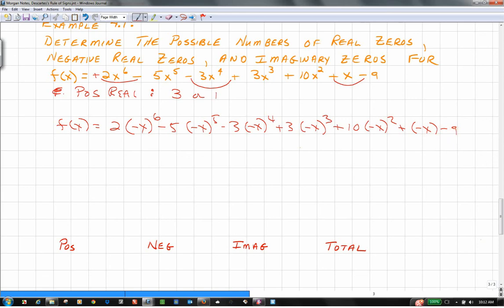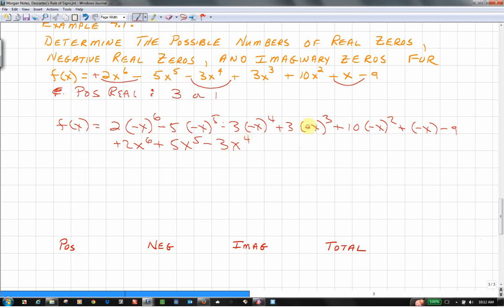This would be a negative to the 6th. That's going to be a positive number, so I'm going to have plus 2x to the 6th. Now I have a negative to the 5th. That's a negative number, but it's subtracted in the front out here by the 5, so that would be plus 5x to the 5th. A negative to the 4th is going to be a positive number, but there's a negative in front of the 3, so that would be minus 3x to the 4th.